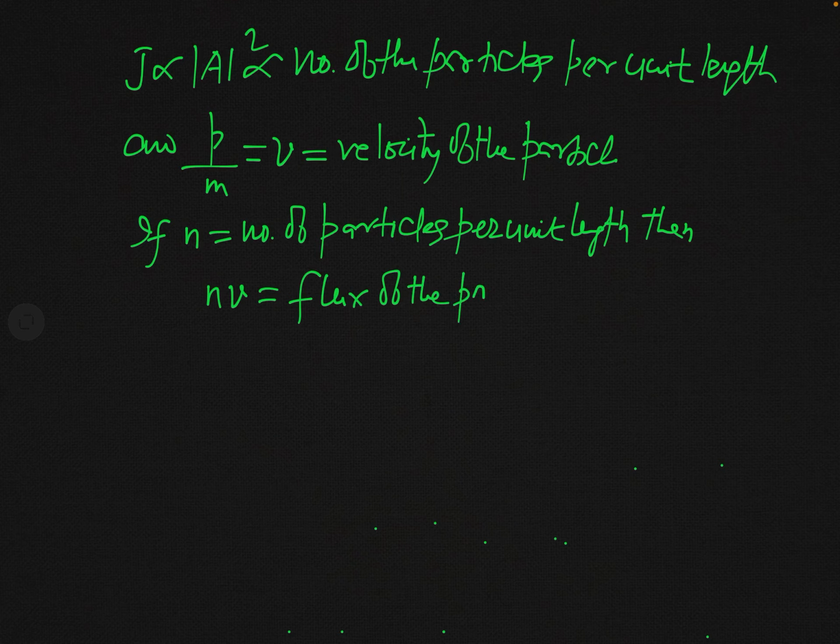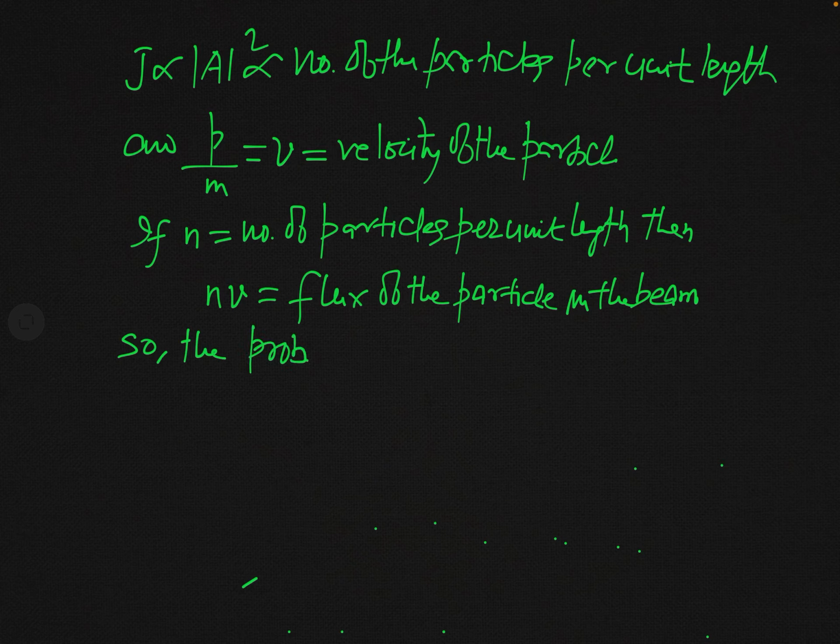This is the flux of the particle in the beam. And so we can say that the probability current density J is proportional to the flux of the particles in the beam.